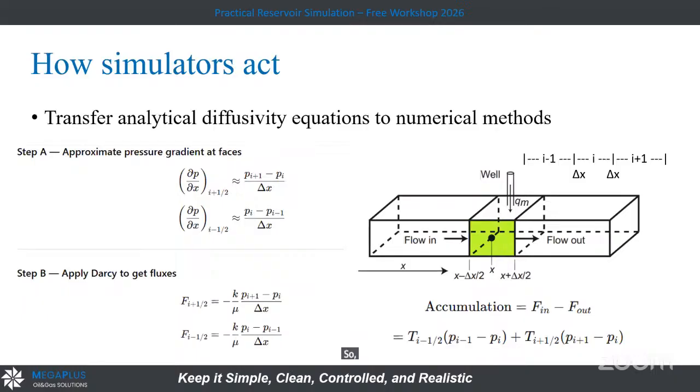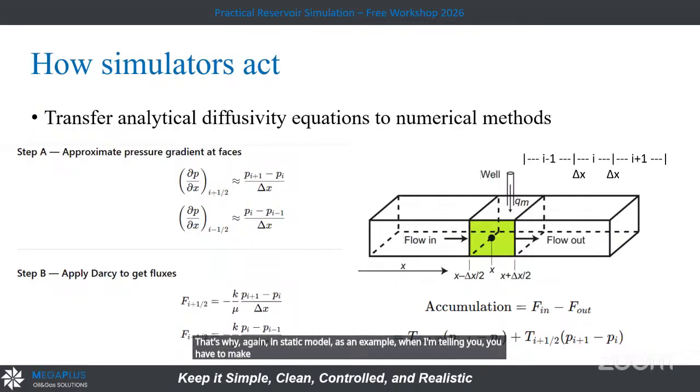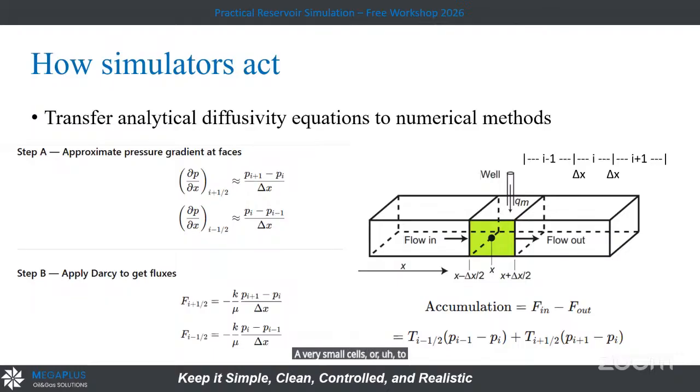So in the dynamic model, you have to notice something before I start: in each cell, the center of the cell will be the value of the whole cell. That's why, again, in the static model, as an example, I told you to make very small cells, or high resolution cells, in the location of the water contact.